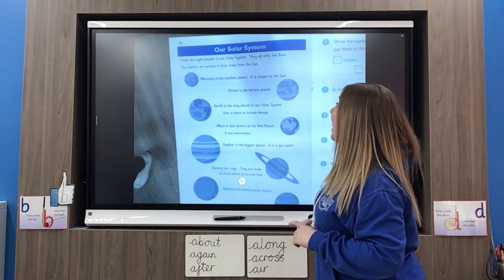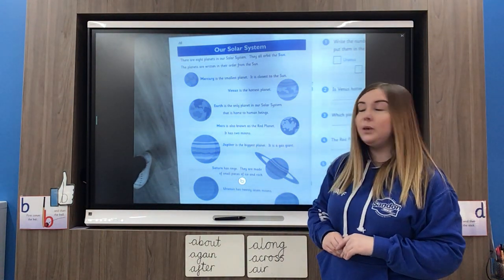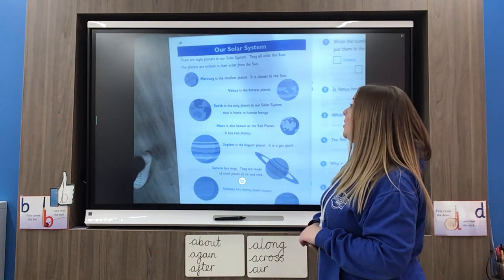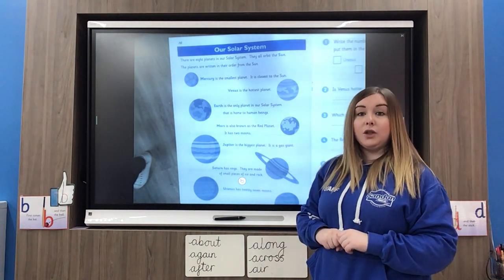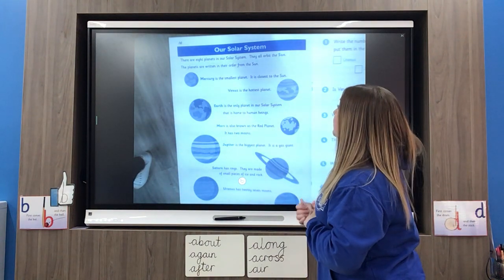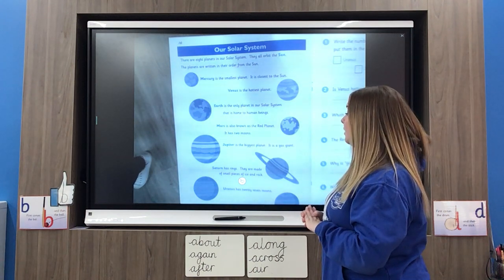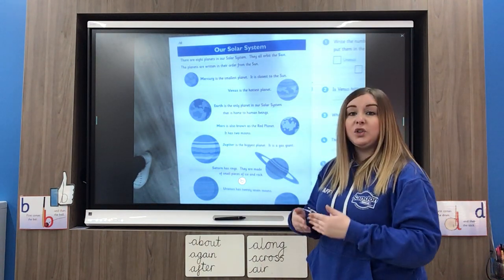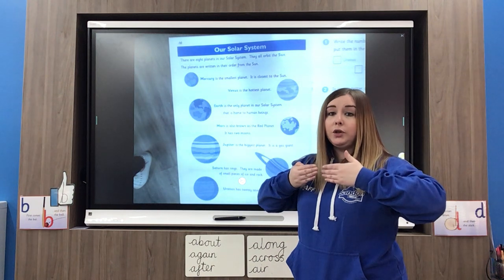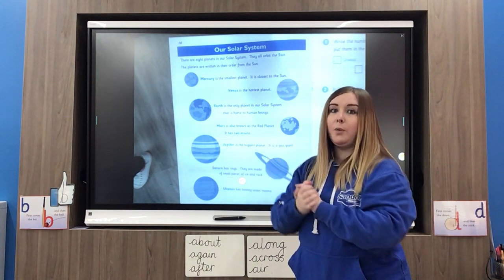So there are 8 planets in our solar system. They all orbit the sun, and orbit means go around. Okay? The planets are written in their order from the sun. So we're starting closest to the sun, the planet that's the closest, and then getting further and further away.